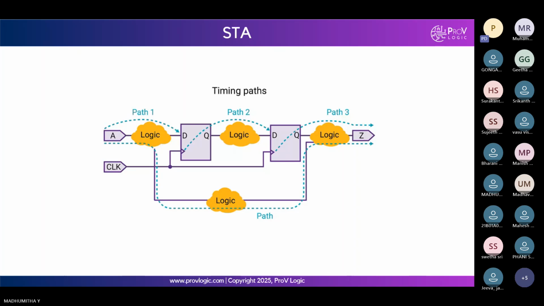In static timing analysis, we analyze each set of these paths separately, and we check if it adheres to all of the timing constraints mentioned for our block. The logic that you see inside all those orange clouds are the combinational cells present in that particular path.